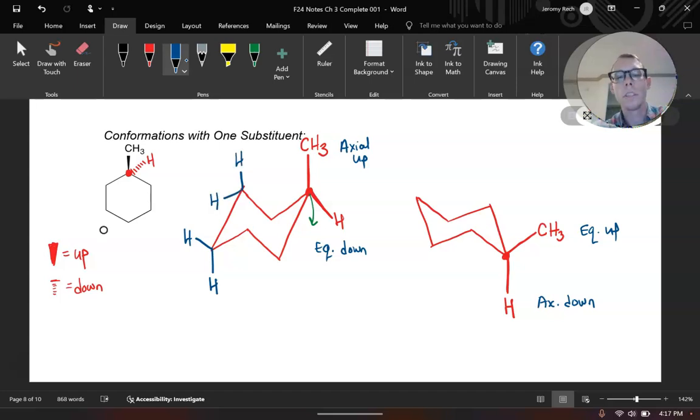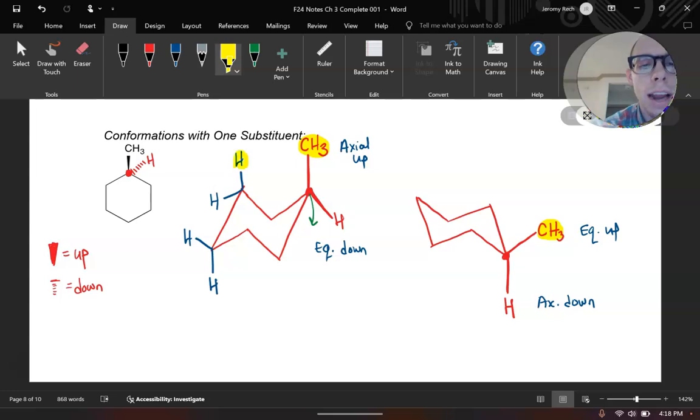There's hydrogen in all those different ones that we're just not drawing. The big group that we have is going to be our methyl. And we have a methyl on each of these in different positions. And we need to make an assessment on which of those is going to be more stable. And putting a big group in equatorial is going to minimize our 1,3 diaxial interactions.